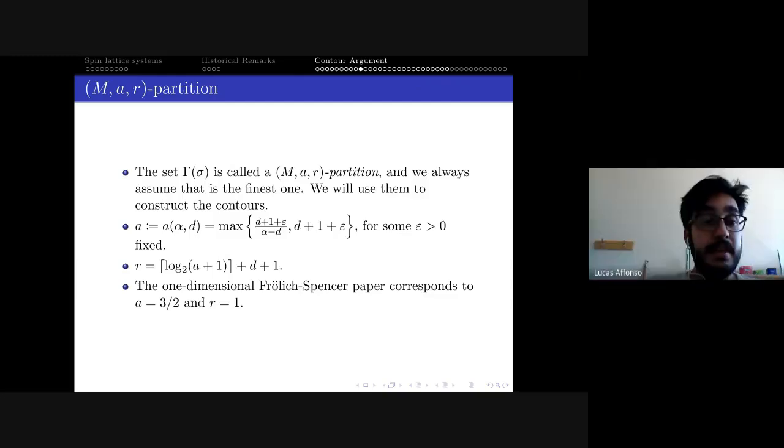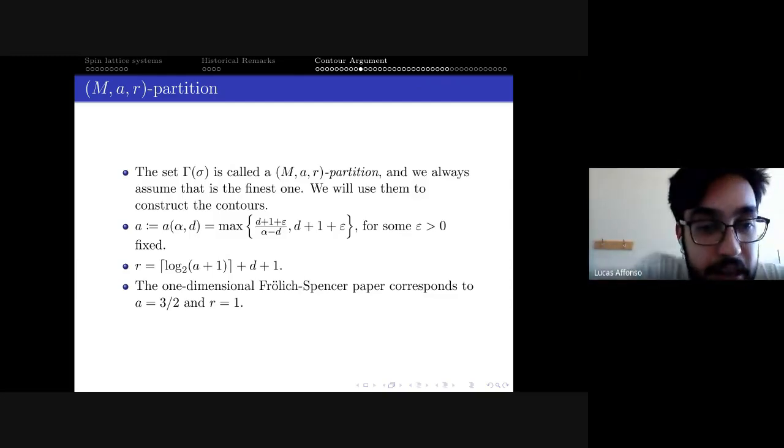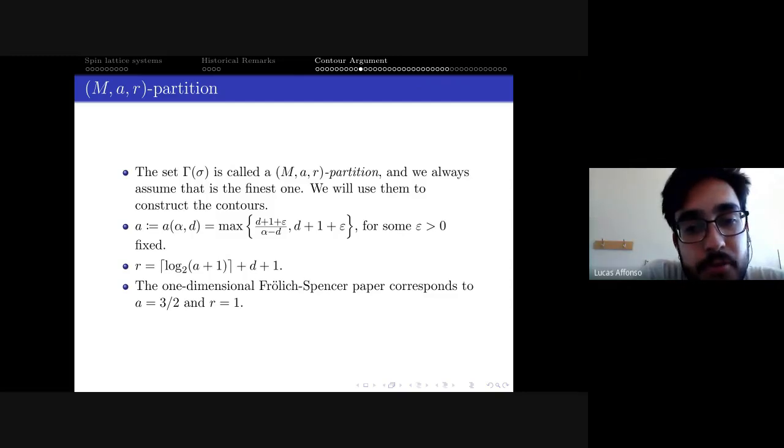Yeah, what happens is that when you fix the MRA, depending on the decay, all the constants will depend on alpha and d from now on. And on this epsilon, if you choose it.